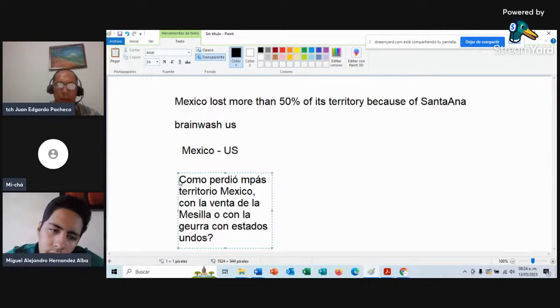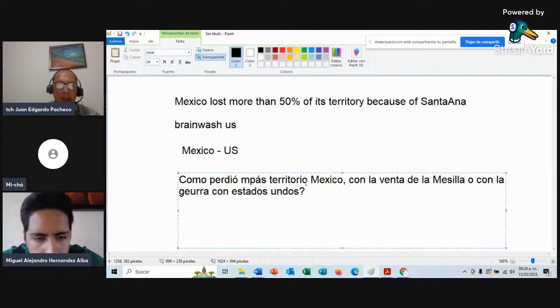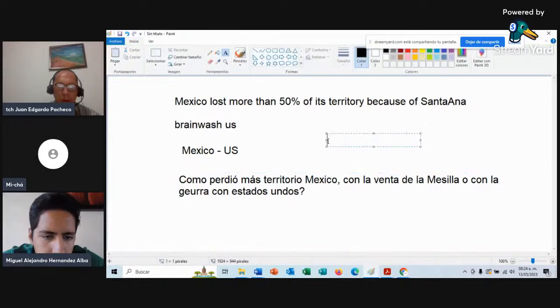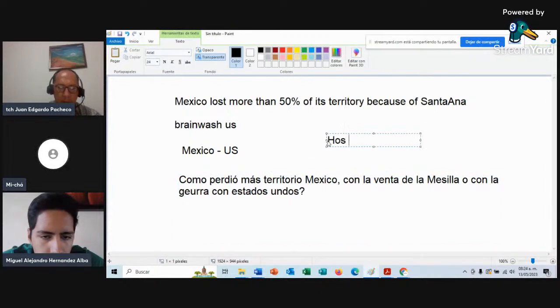Can you help me put this question in English and then ask ChatGPT, please? How Mexico lost the most of its territory. Lose most of its territory.